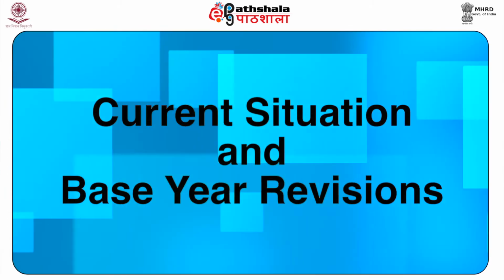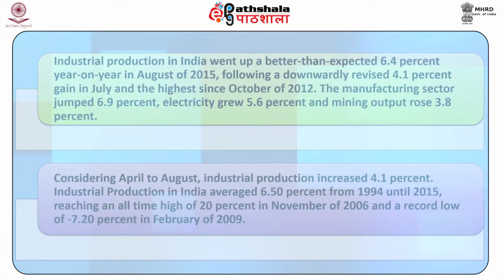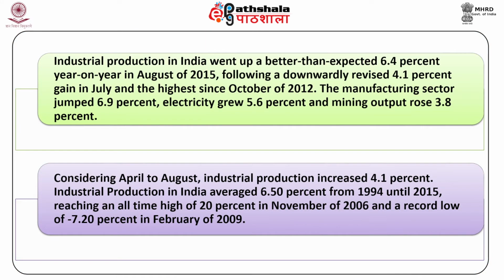Now we can discuss about the current situation and base year revisions. Industrial production in India went up a better than expected 6.4% year on year in August of 2015, following a downwardly revised 4.1% gain in July and the highest since October of 2012.